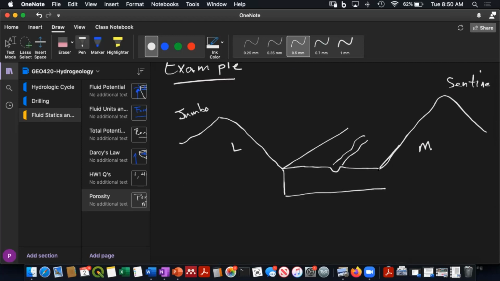about the Hellgate. The sediment, the alluvial sediment's about 10 meters deep in the Hellgate.